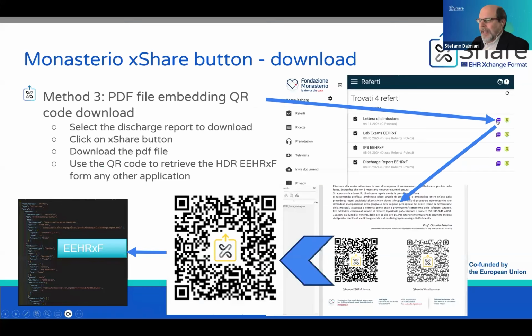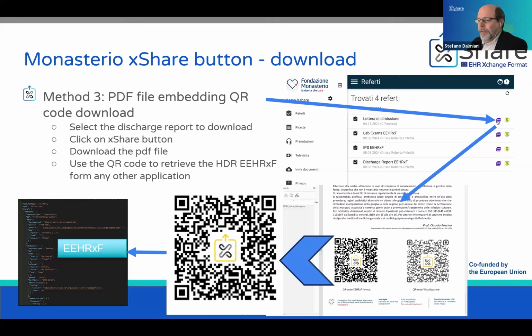But this is something that can also be associated to a QR code. We talked about a QR code in the beginning, and this is a really basic implementation to let you try this. Please take a picture of that QR code now, and you should find a structured file, technically called a JSON file, that reports all the structured information that we have behind the document that we are just visualizing.